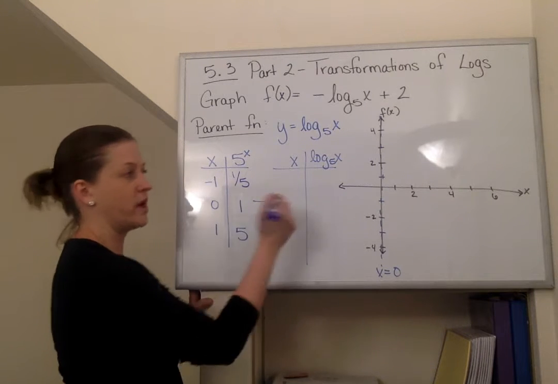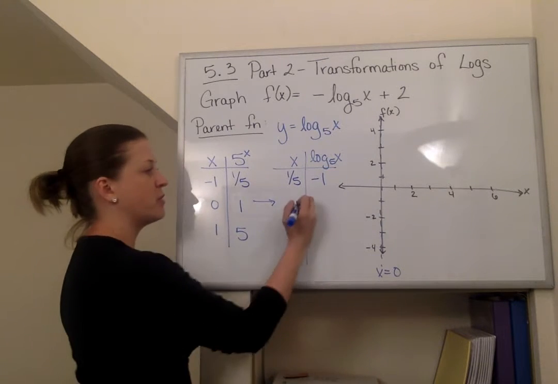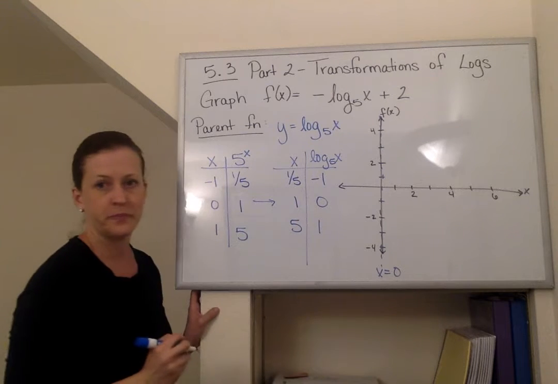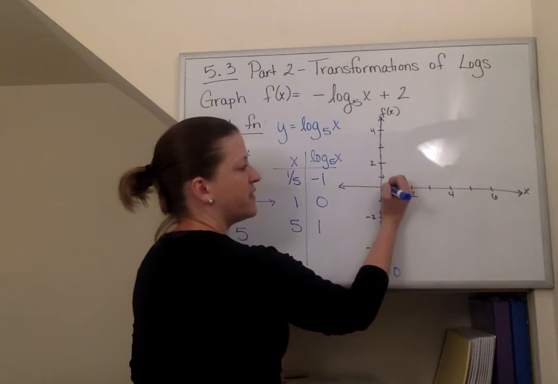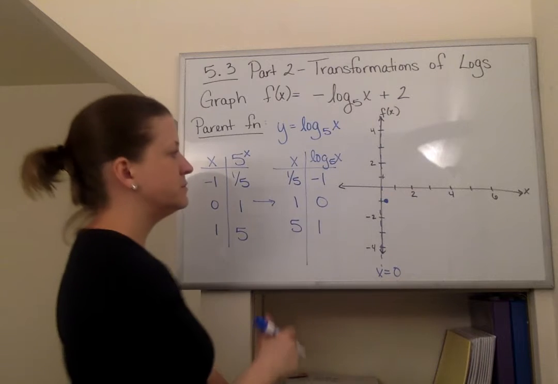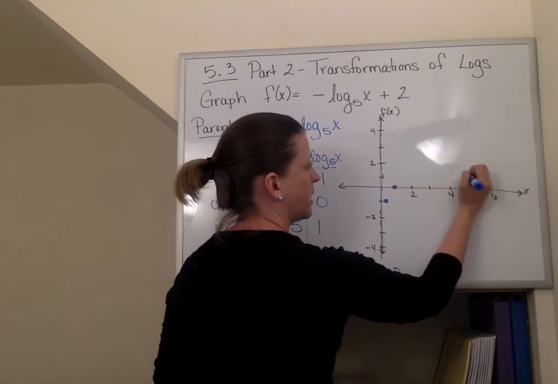So this would become the point 1/5, negative 1. This would become the point 1, 0. And this would become the point 5, 1. And that's what my points would be. So 1/5, negative 1, just kind of get close. 1, 0. And then 5, 1.